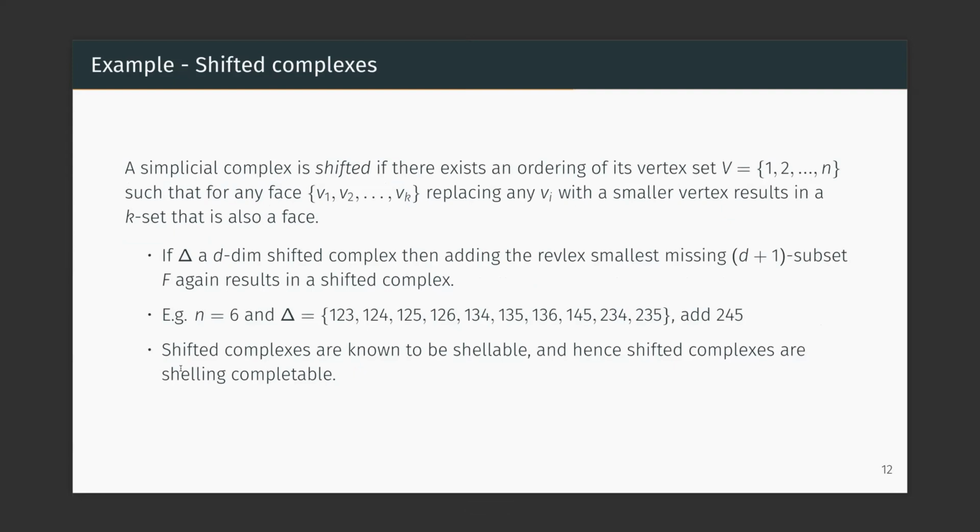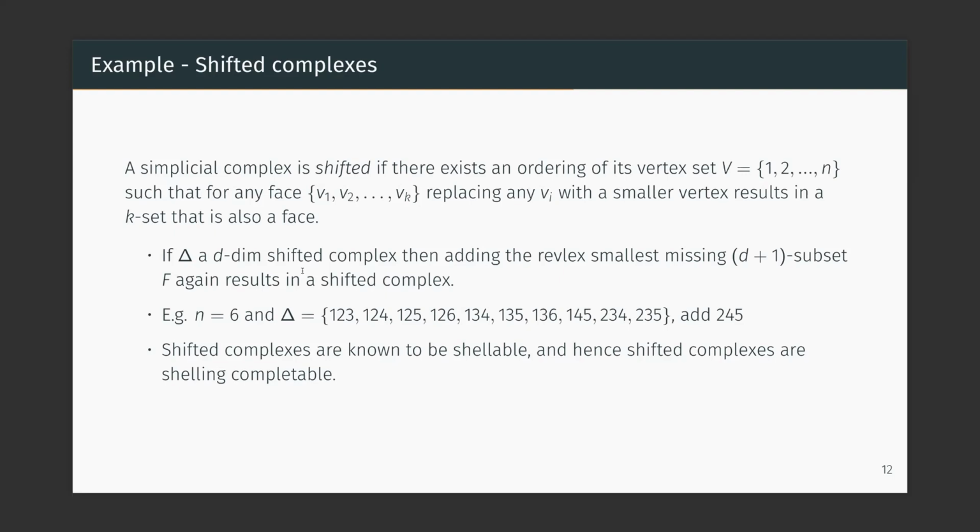A complex is shifted if you can order the vertex set, say 1 through n, so that you have this shifted property, meaning that if you take any face v1 through vk, you can replace any vi with a smaller vertex, and it's also a face of your complex. And one thing to notice is that if you have a shifted complex, then adding the reverse lexicographically smallest missing d plus 1 subset is again a shifted complex.